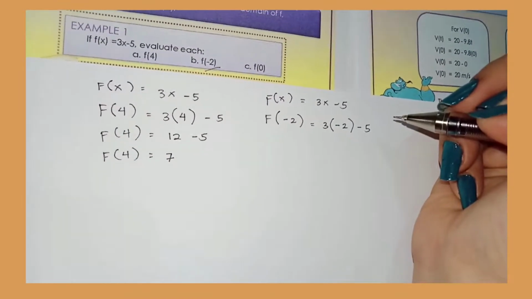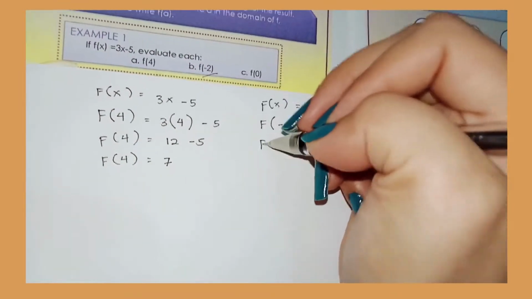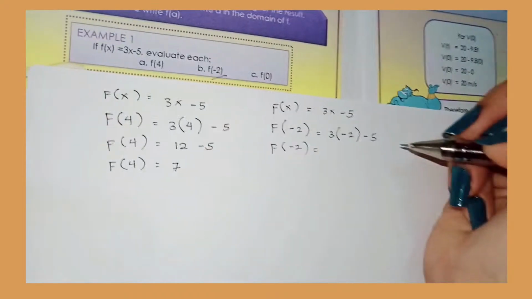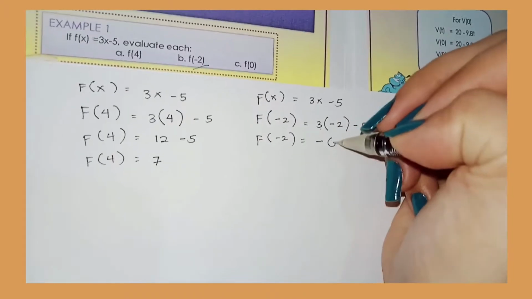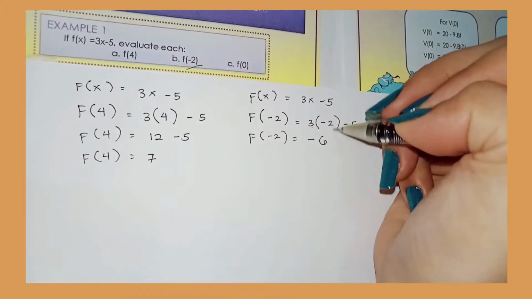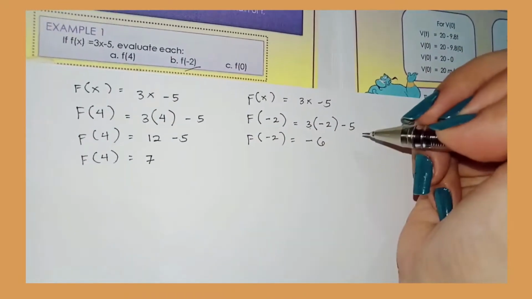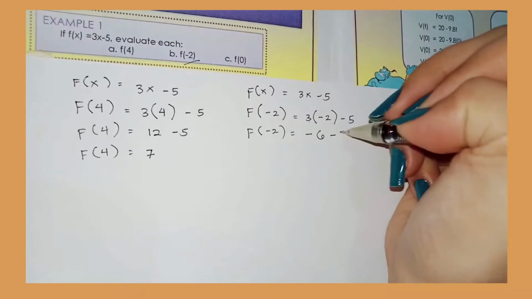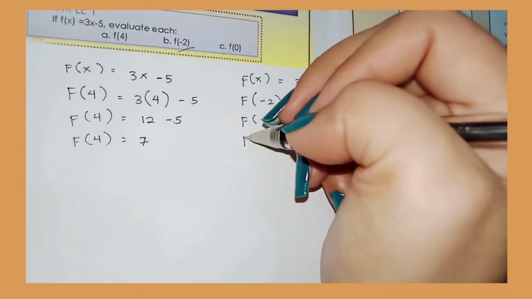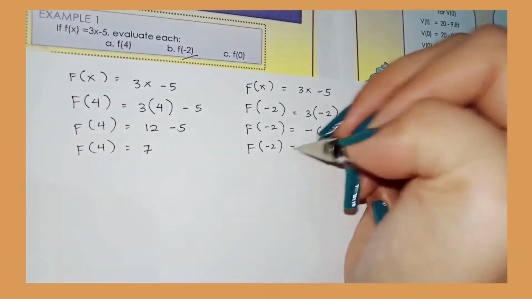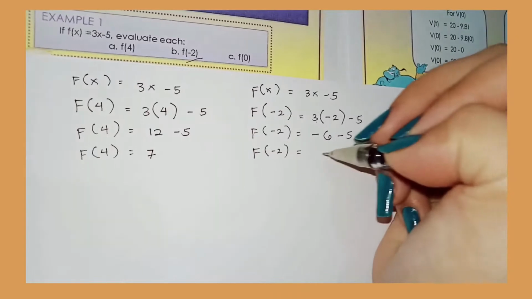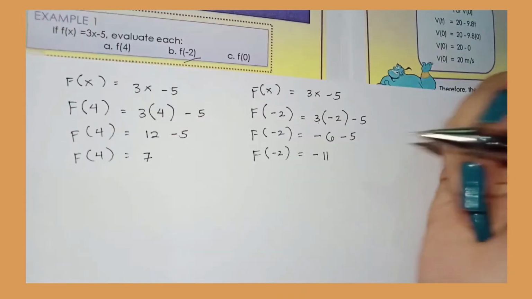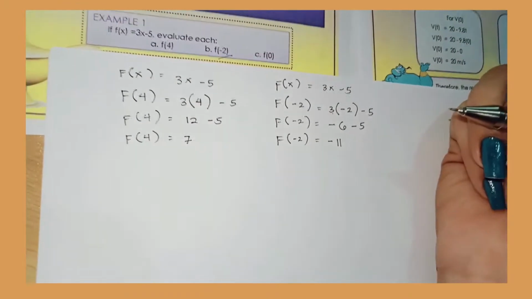We need to simplify this one. F of negative 2. 3 multiplied to negative 2 is negative 6. Kasi 3 times 2, 6. Copy the symbol negative. Then bring down negative 5. F of negative 2 is equal to, simplify natin, negative 6 minus 5. The answer is negative 11. So this will be your final answer.